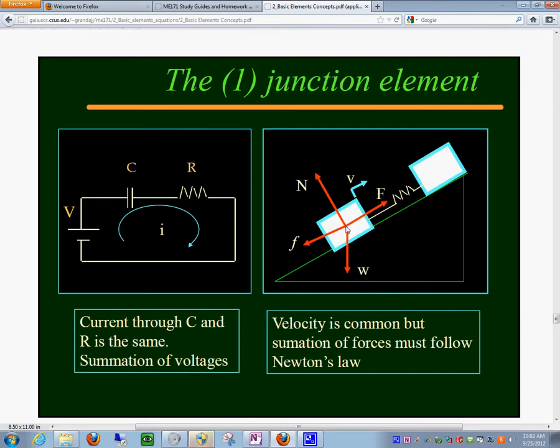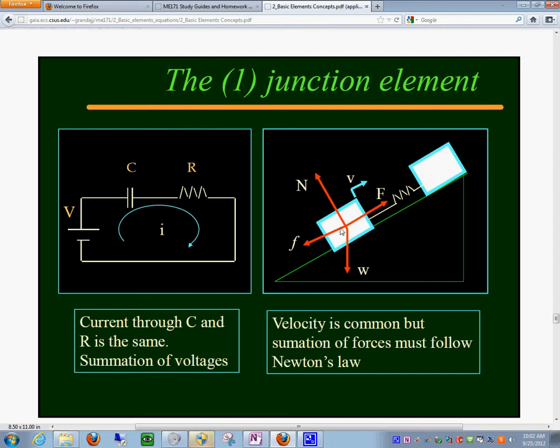You know that the forces will add up, but the velocity of this point as it moves is going to be the same for all the mass and the spring, whatever is connected to it. So in this case, you sum the efforts, but the flow is the same. So this is the reverse.